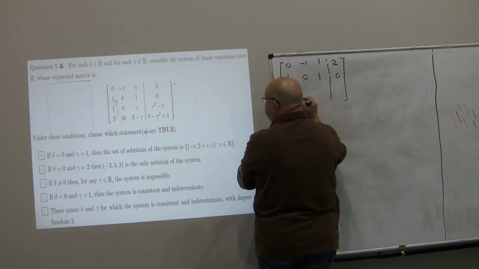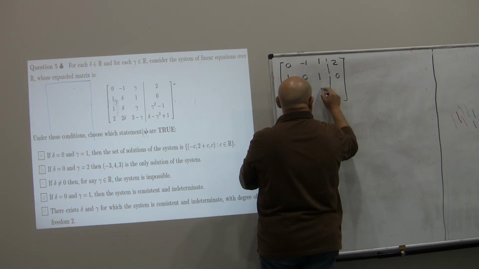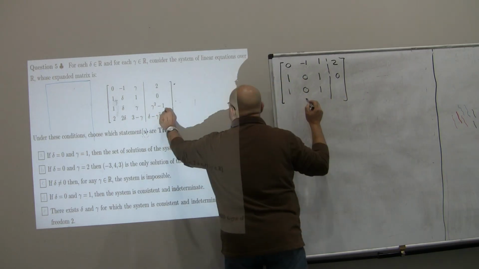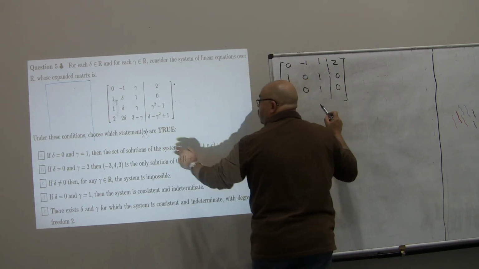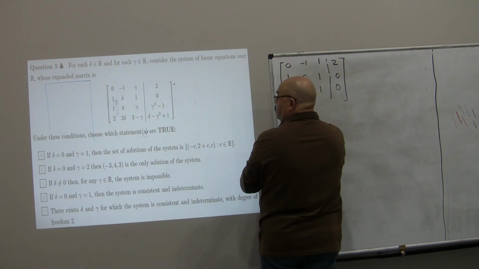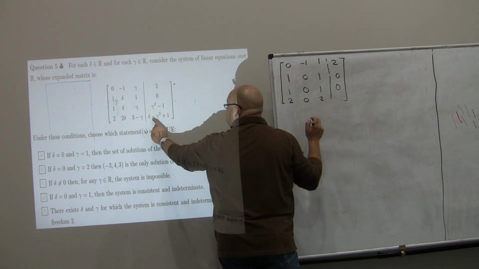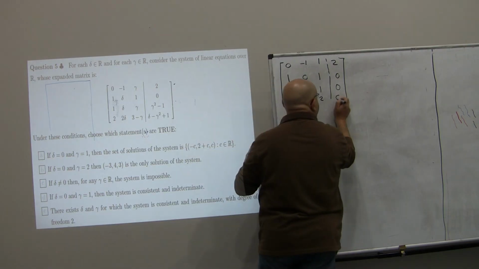For the third row please it's gonna be 1 also a 0 then gamma is equal to 1 then gamma square minus 1 which is gonna be a 0. For the last row it's gonna be a 2 then 2 times 0 am I right? Well 3 minus 1 which is 2 plus that's a 0 that's a minus 1 plus 1 which is gonna come to a 0.